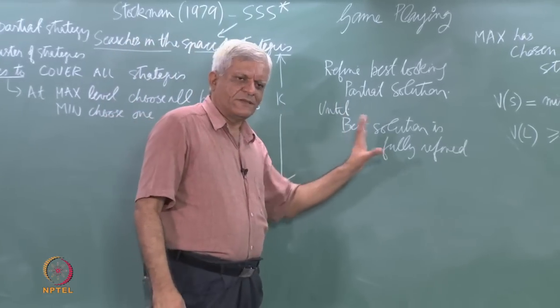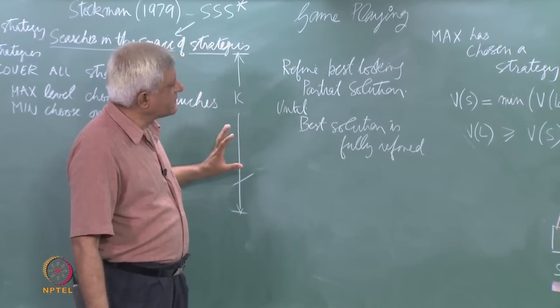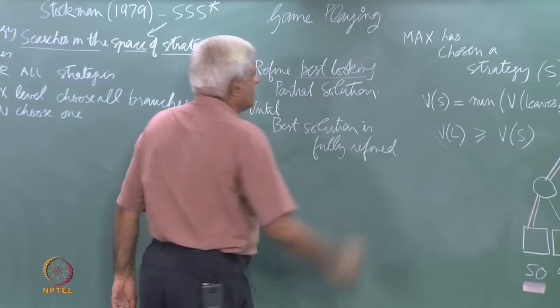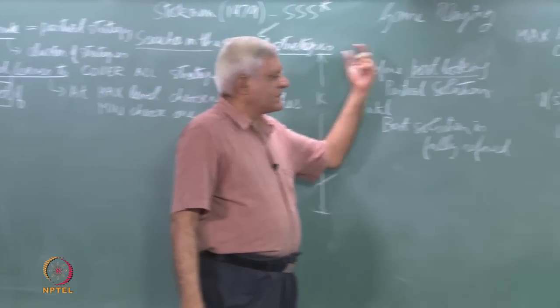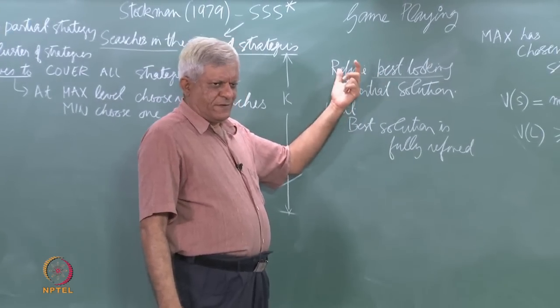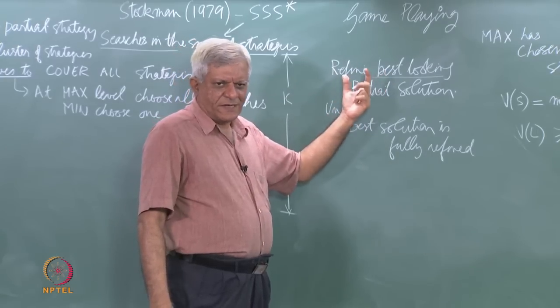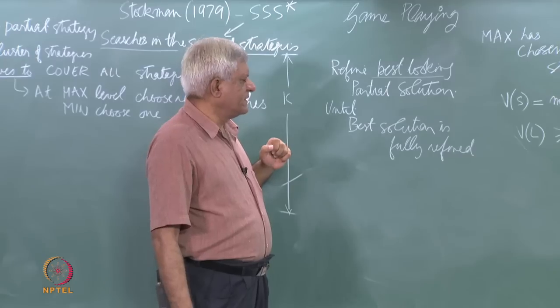A star fits into this, branch and bound fits into this, best first fits into this. At all points, we are maintaining some sort of a priority queue in which we are able to pick the best valued strategy. So, in A star, the best is defined in terms of the f value, which is h value plus g value.